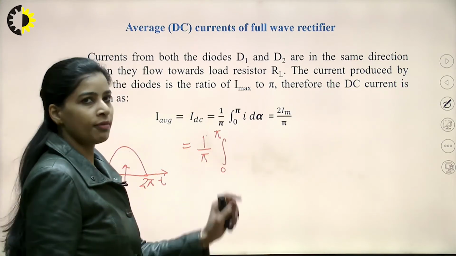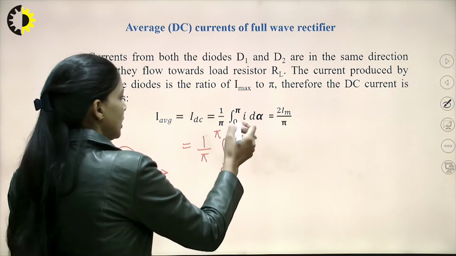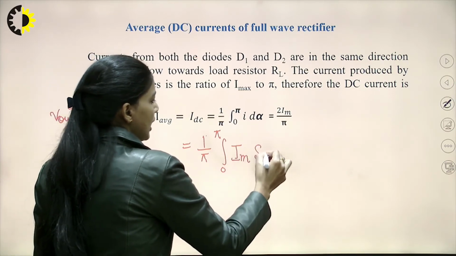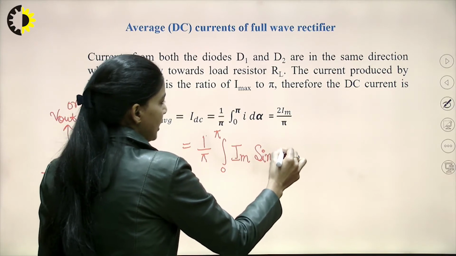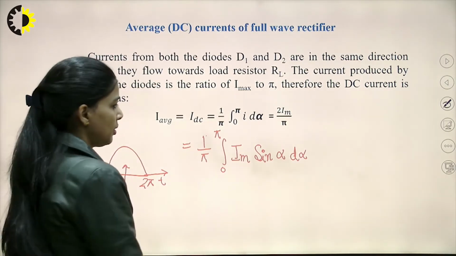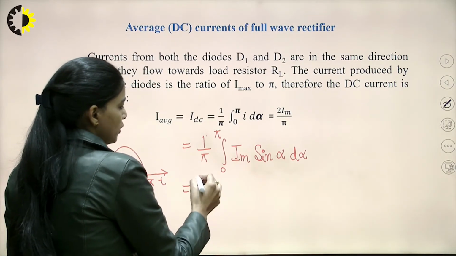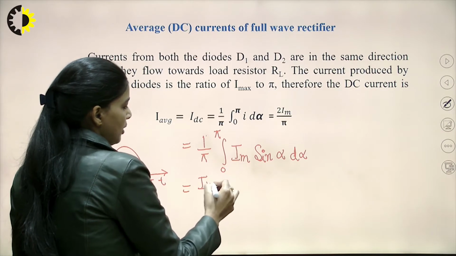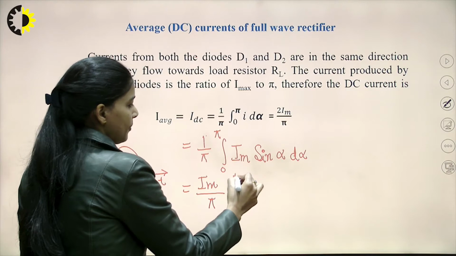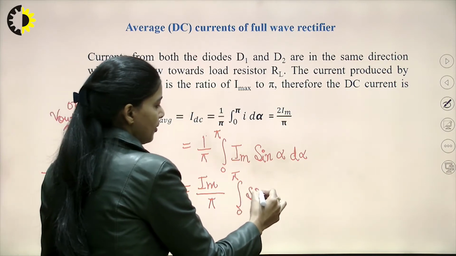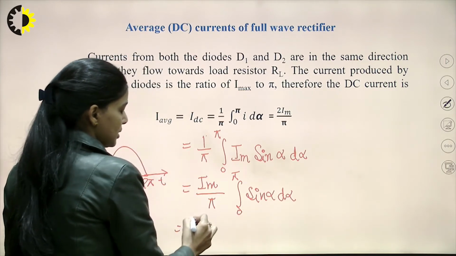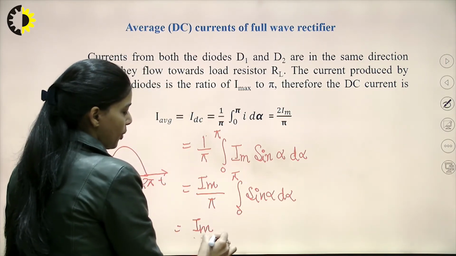Current that we have taken is sinusoidal, so I can write it in sinusoidal form as we have done for half wave rectifier, sin alpha d alpha. Taking Im out of this integration, Im upon pi 0 to pi sin alpha d alpha, that will give us Im upon pi.